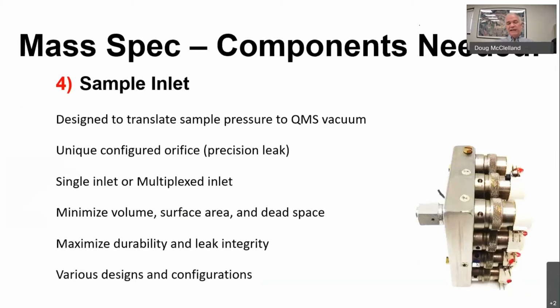So it can be a single inlet or a multiplexed inlet, bringing in multiple capillaries into one. In any case, they'll do this translation through what we call a precision leak. This is a uniquely configured orifice that matches your sample with the vacuum inside your sample chamber.